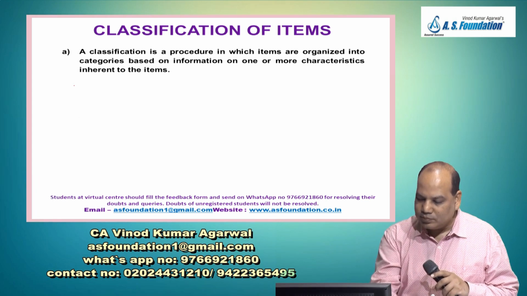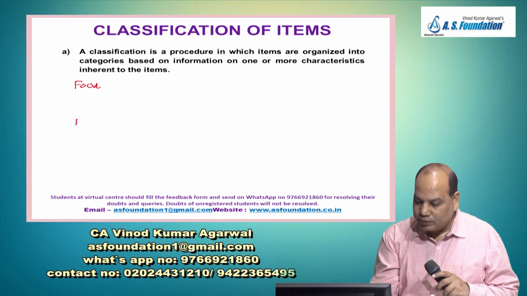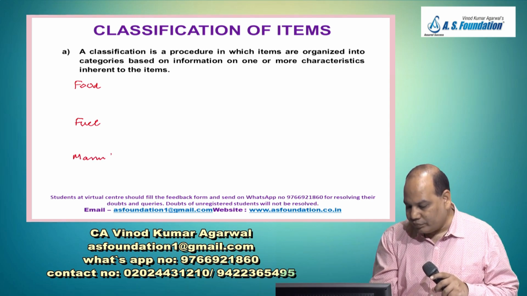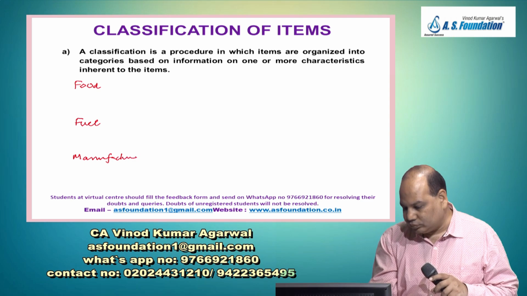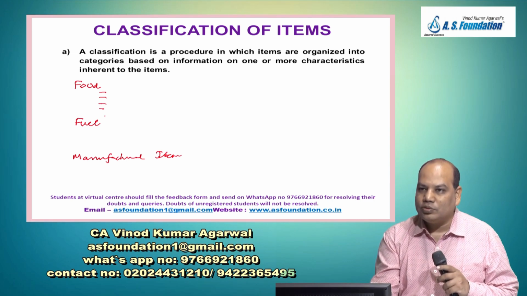Just for example, the categories can be food, fuel, manufactured items, and then under that they will decide which food items we should include.